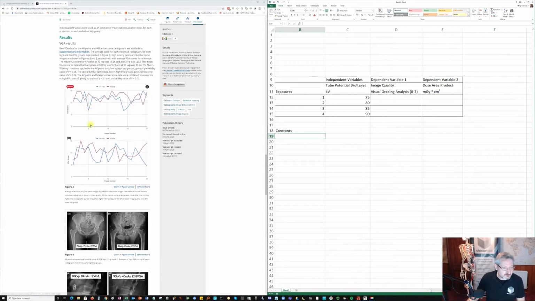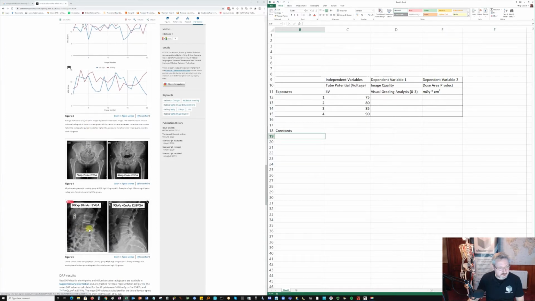Well, first thing is what we're x-raying. So they've x-rayed both lumbar spines and pelvises. So I want to make this simple, so we're going to just do one. So we're going to do pelvis. Put that over there. So area, or body part.